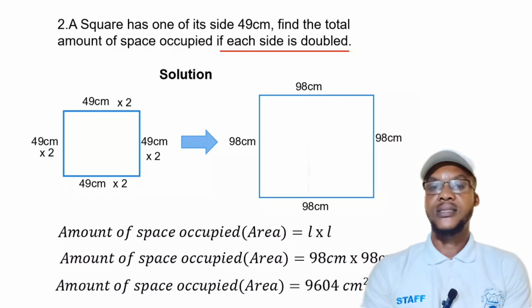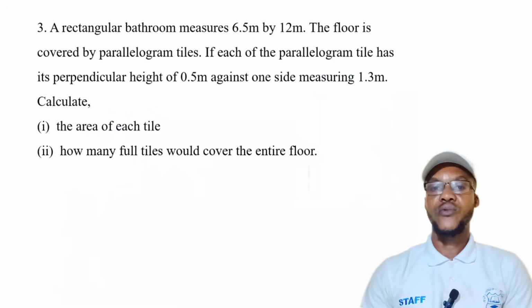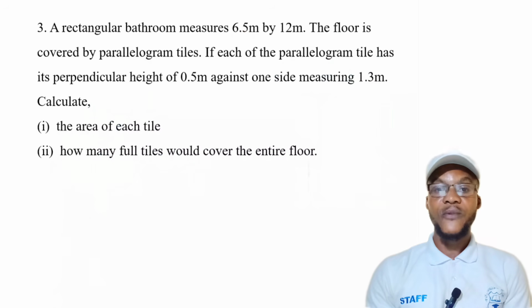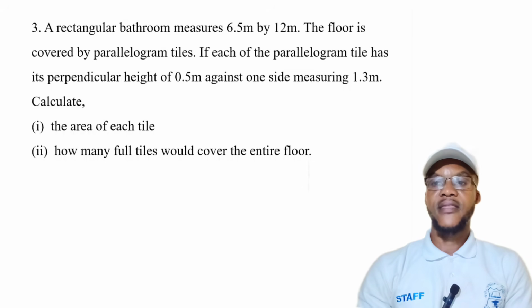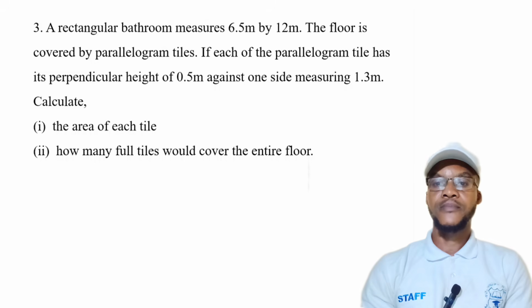Okay, now if that is the case, then let's take another example. All right. Yes, so this is example 3. So in example 3, we are saying that a rectangular bathroom measures 6.5 meters by 12 meters. The floor is covered by parallelogram tiles.